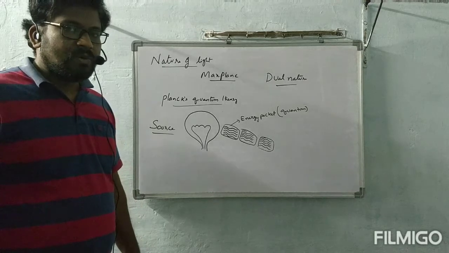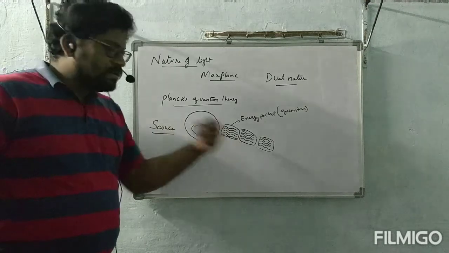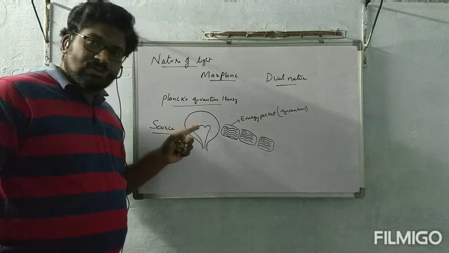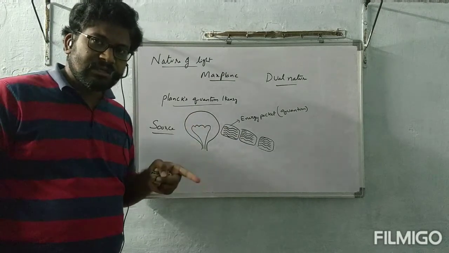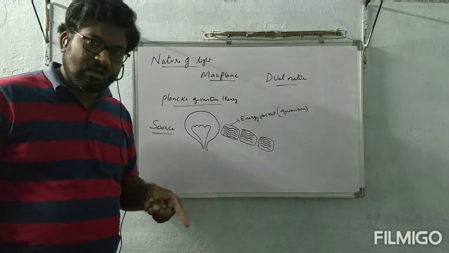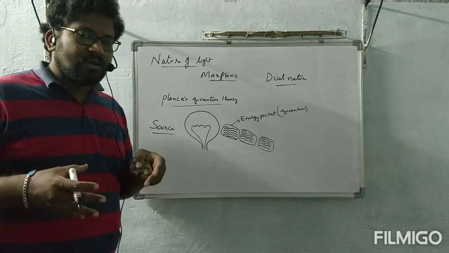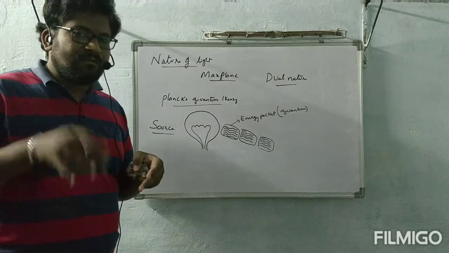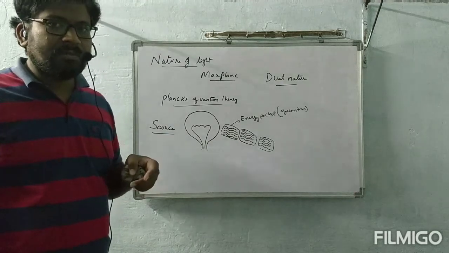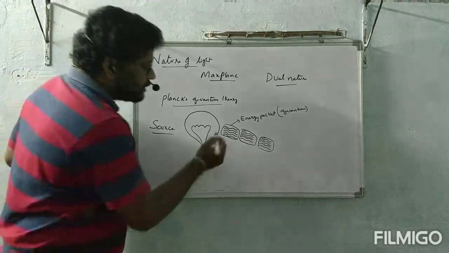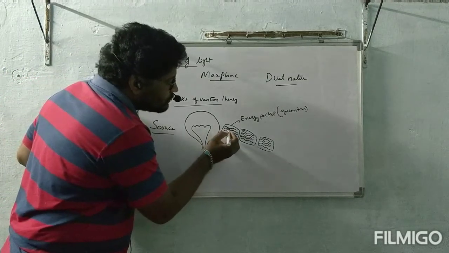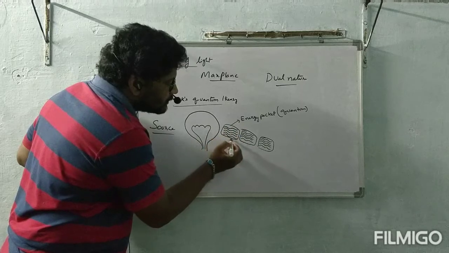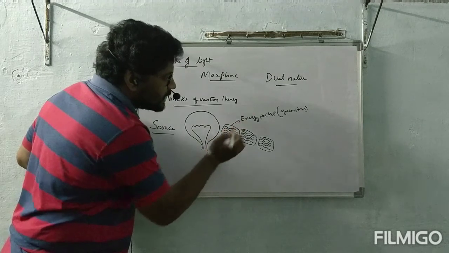Okay, one more time. From the source, light will come out and it will reach the object in the form of both particle as well as wave. How did he explain both particle as well as wave? See, this is like a group of waves, like a bundle, which is called an energy packet.